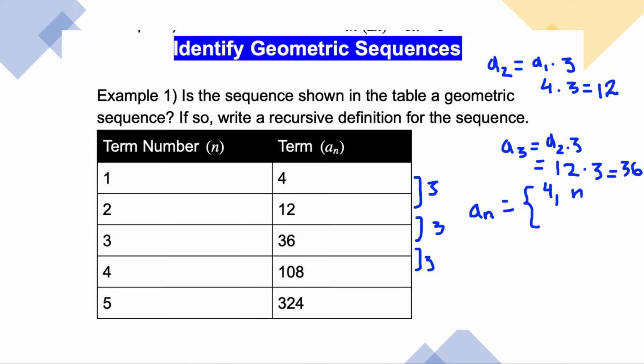Now we look at how we generated it. Every term can be generated by multiplying the previous term by 3. So the previous term of the general term is a sub n minus 1, times 3.